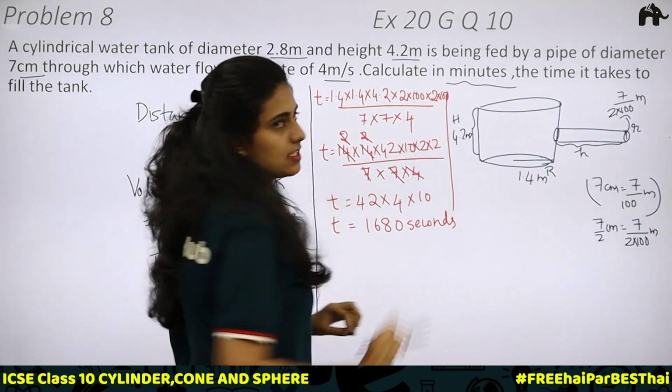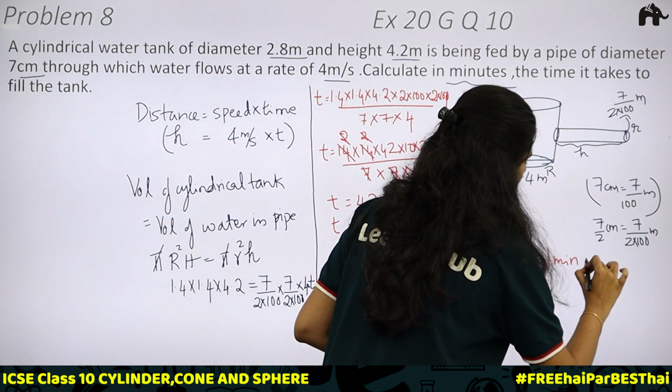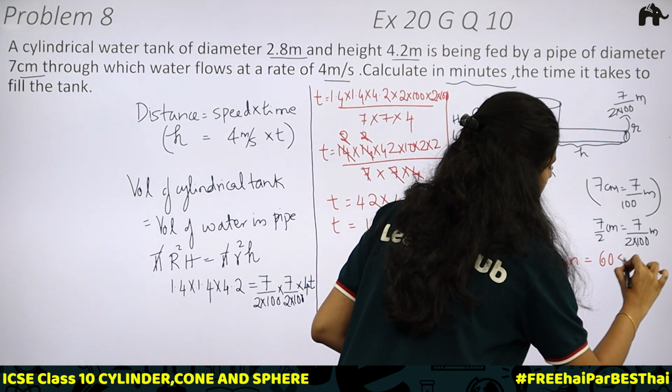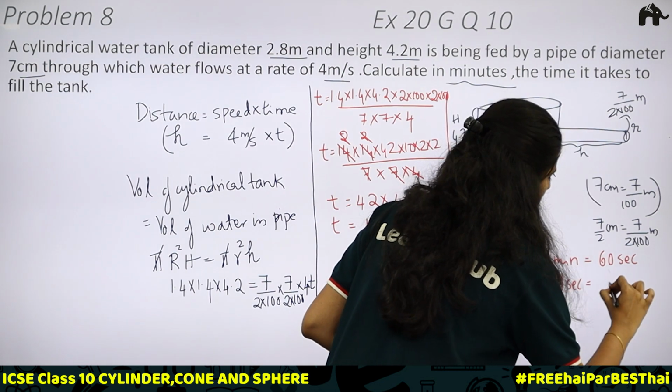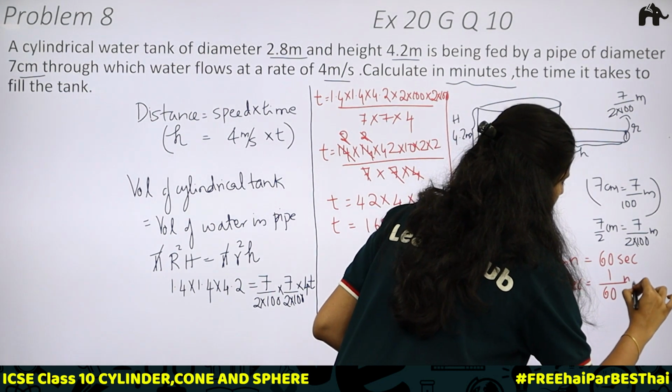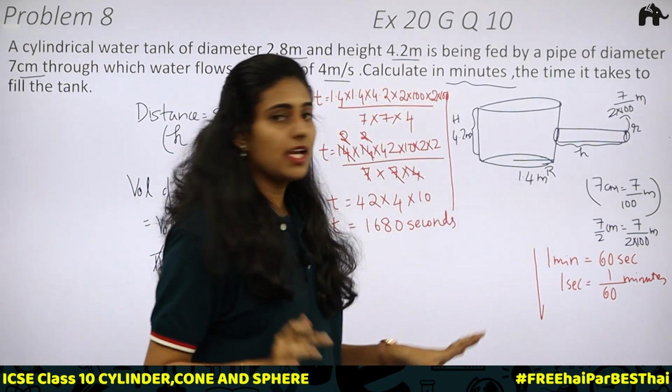We need in minutes. Okay. We have 1 minute is equal to 60 seconds, or we can write 1 second is equal to 1 by 60 minutes. Okay, 1 second will be equal to 1 by 60 minutes.